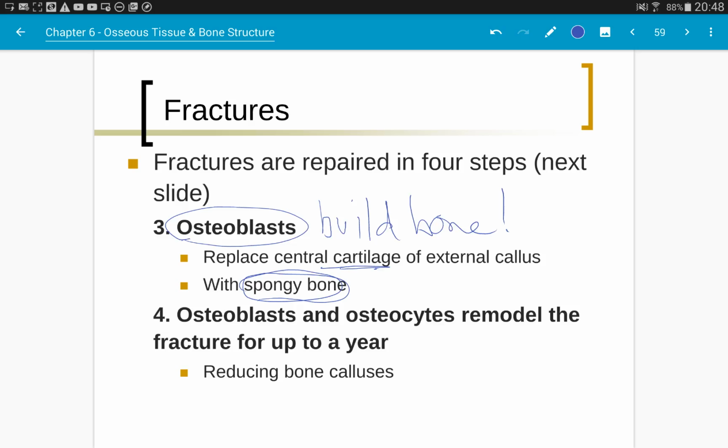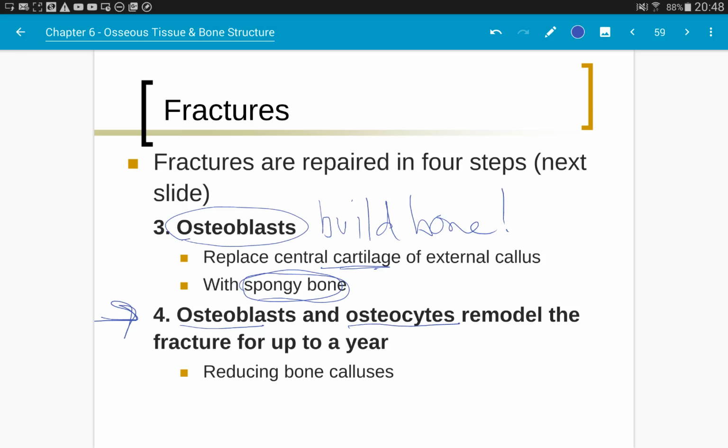And then over a period of time, step 4, osteoblasts and osteocytes remodel that fracture, which can take up to a year, reduces the bony callus. And then, say, if it was that femur, the spongy bone on the diaphysis, the shaft of the bone, would eventually be replaced with compact bone, and then that medullary cavity would eventually be restored.